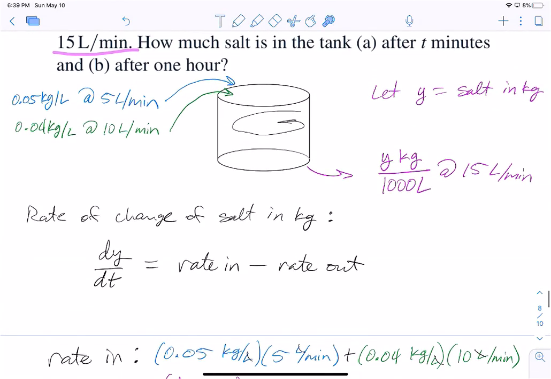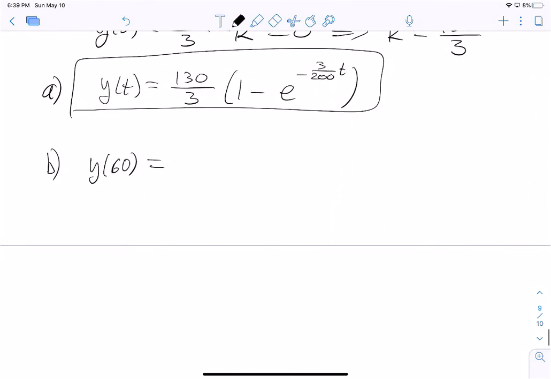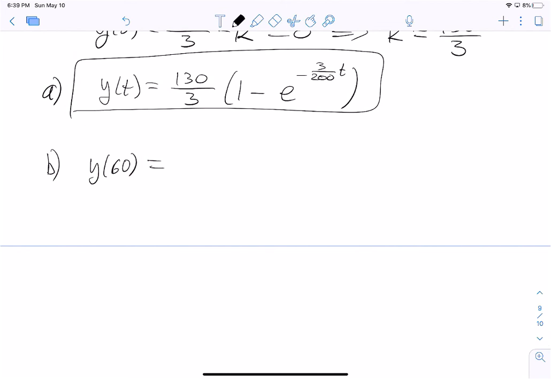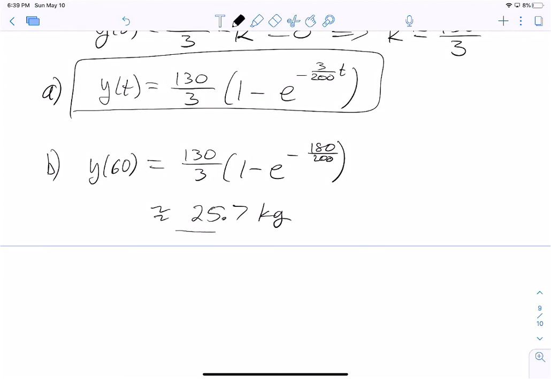Because our rates originally were given in liters per minute, so our time is in minutes. So y of 60 is of course 130 over 3 times 1 minus e to the negative 180 over 200, and that gives us an approximation of 25.7 kilograms. I guess to be thorough, we should say kilograms of salt after 1 hour.